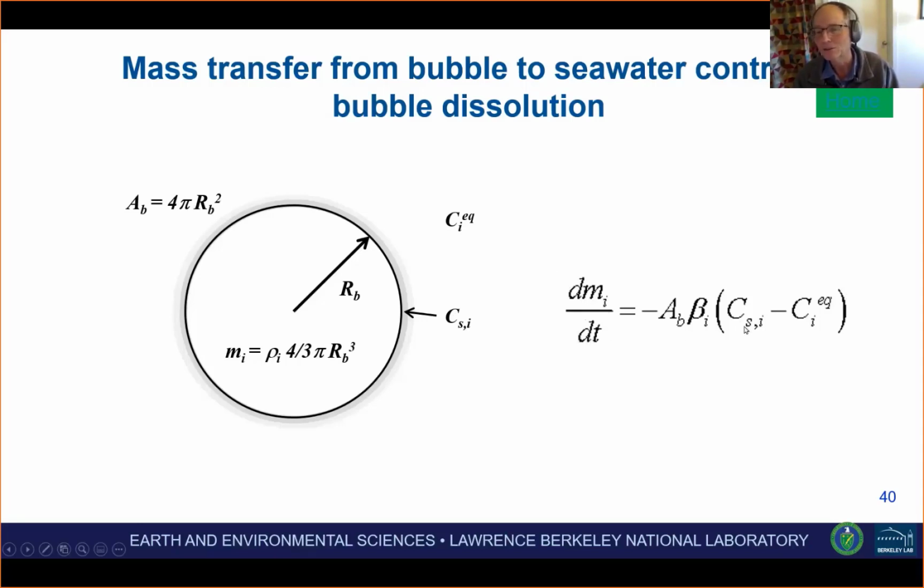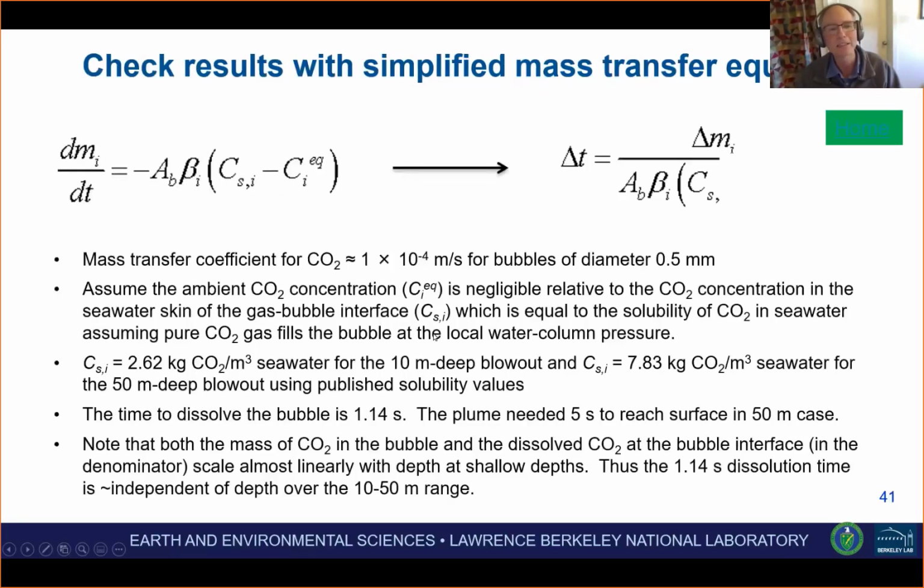It's controlled by the concentration just outside the bubble in the seawater itself, and the ambient seawater concentration. So I'm going to rearrange this equation in an order of magnitude sense and look at the time scale to dissolve a given mass in that bubble.